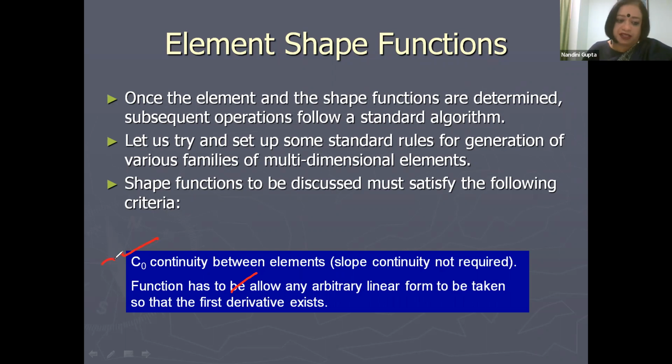This is what it means. That means you need to choose a function, and the function can have any arbitrary form. Actually, it doesn't necessarily have to be even linear. What is important is that the first derivative needs to exist. The first derivative cannot be undefined.